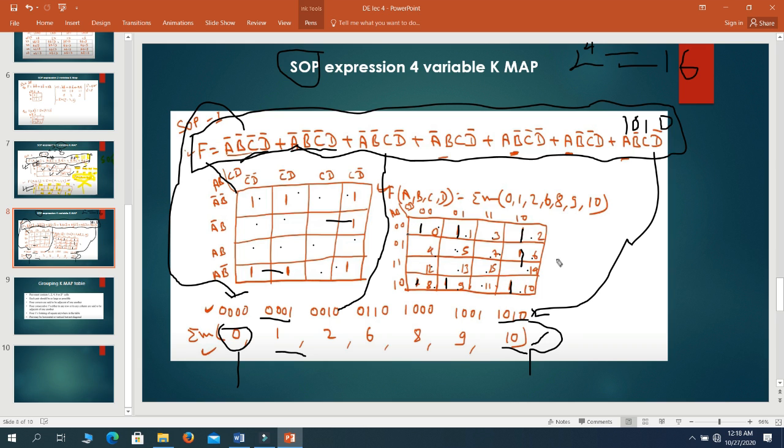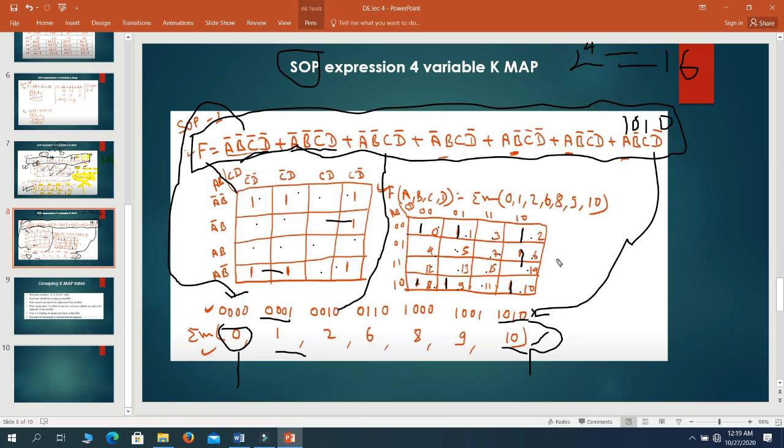So in this slide, we saw how we can find out the minterms from the SOP expression of a 4 variable Karnaugh map. Once we have found out the minterms, we try to find out the equivalent decimal minterm.